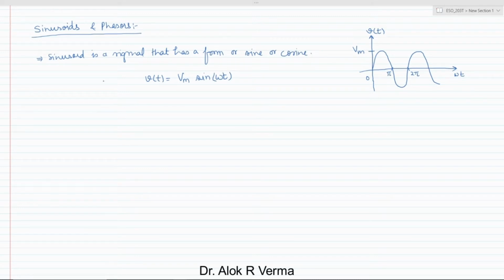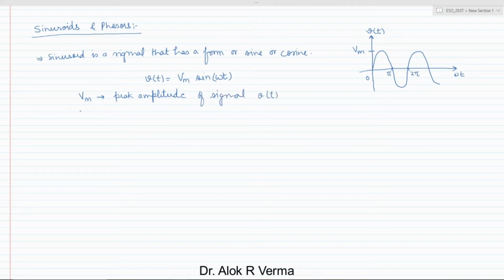In this particular case, Vm is nothing but the amplitude of the signal, the peak amplitude of signal Vt.